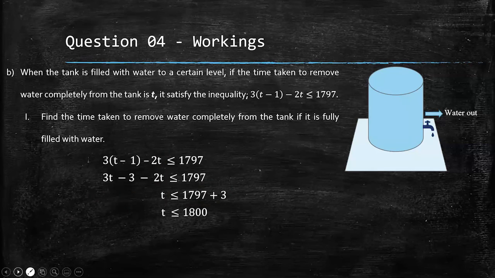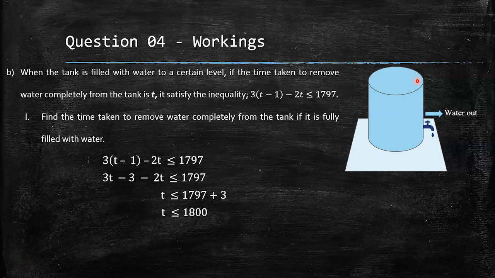Since the question says the tank is fully filled with water, we take the maximum time. Let's say the time taken to remove water if the tank is filled up to this level is t1, and this level is t2, and if it is full it is t3.